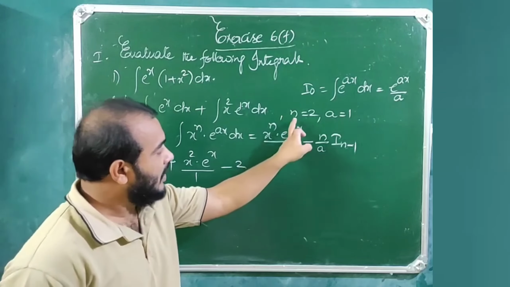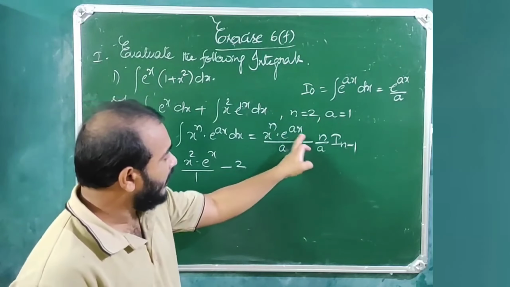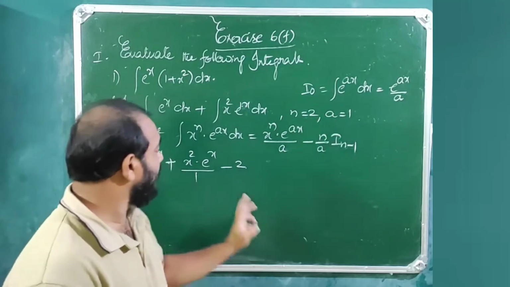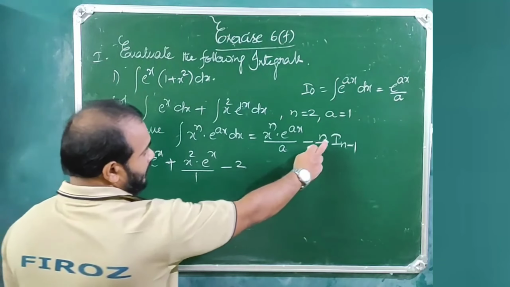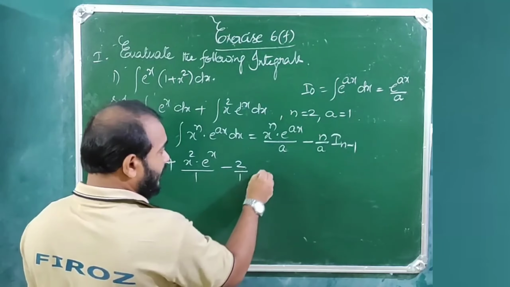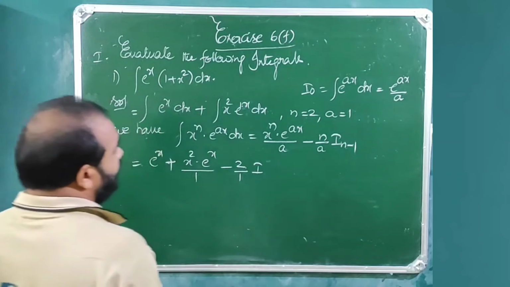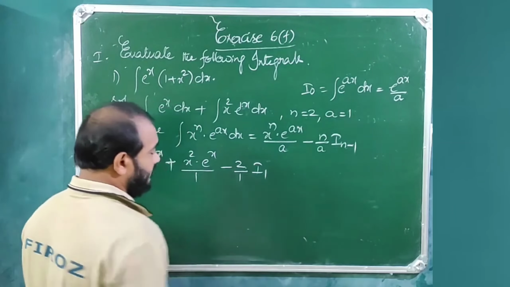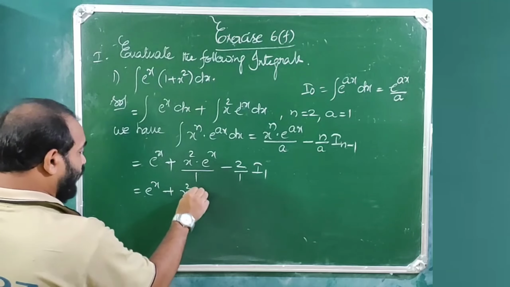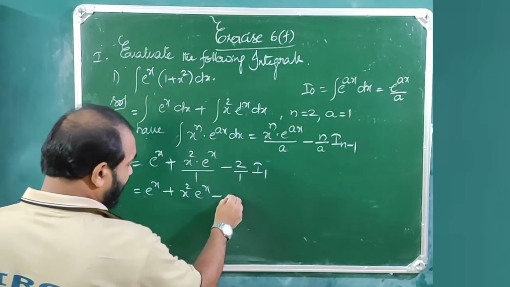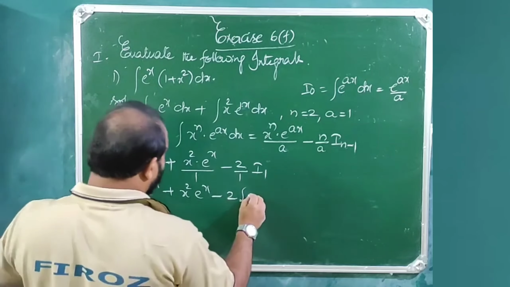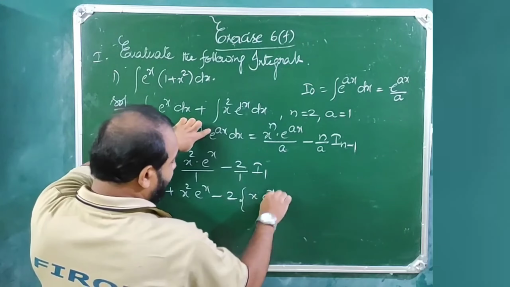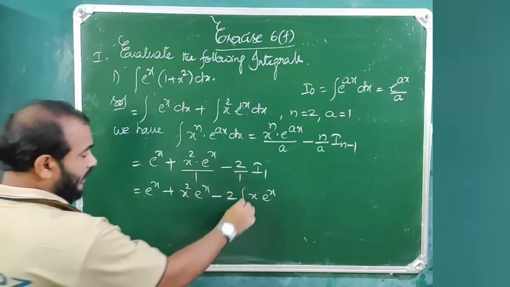So x^n e^(ax) is x^2 e^(1x), so x by a is x, minus n by a, where n is 2 and a is 1, times I_(n-1). Here n is 2, 2 minus 1 is I_1. So e^x plus x^2 e^x minus 2 by 1, which is 2, I_1, x^1 e^(ax), so that is x e^x dx.